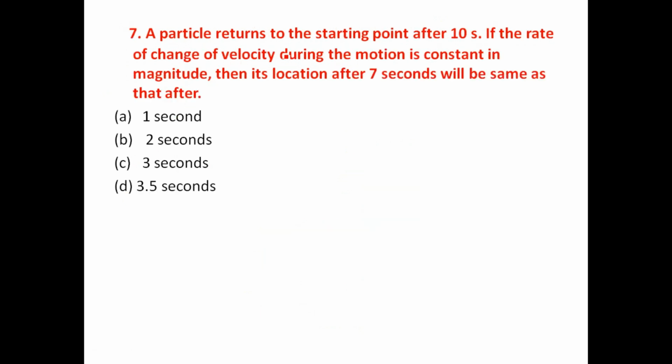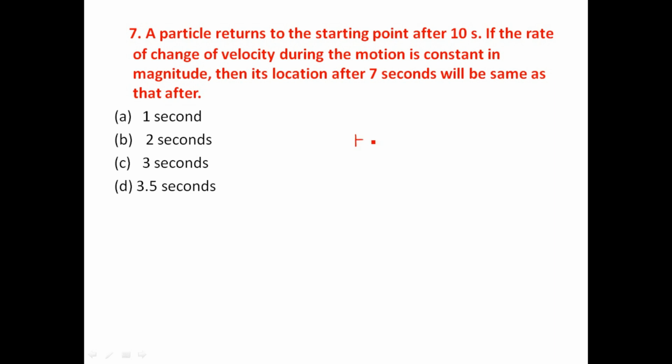A particle returns to the starting point after 10 seconds. If the rate of change of velocity during the motion is constant in magnitude, then its location after 7 seconds will be same as that after. So according to the given question, we will draw the simple diagram.